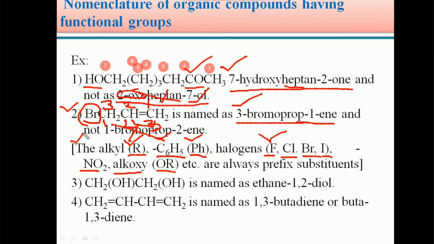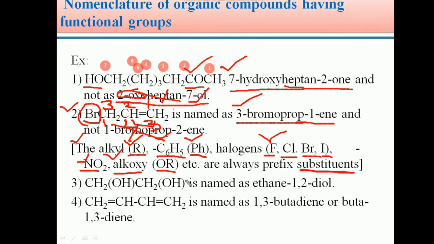So these are always taken as substituents. See, in the second example, bromine should be taken as a substituent. Similarly, alkyl group, phenyl group, halogens, nitro group, alkoxy group, whenever present in a given organic compound, are always taken as substituents.